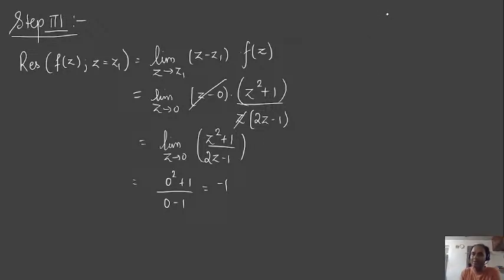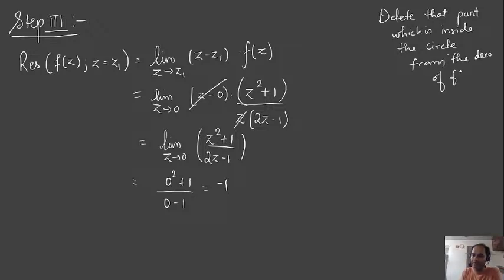So delete that part which is inside the circle from the denominator of the function, and evaluate the remaining chunk at that point.